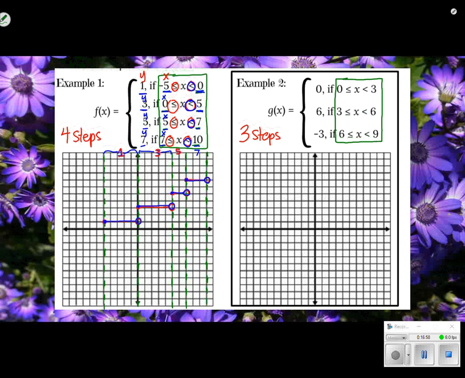I'm going to be looking at this part, and that's going to help me figure out my green line, right? So I'm going to do a dashed line at 0, 3, 6, and 9. So 0 is here, x equals 0. There's one dashed line. X equals 3. There's another dashed line. X equals 6. There's another one.